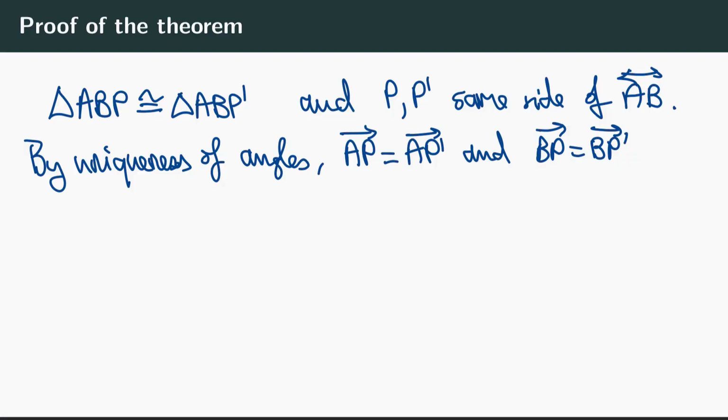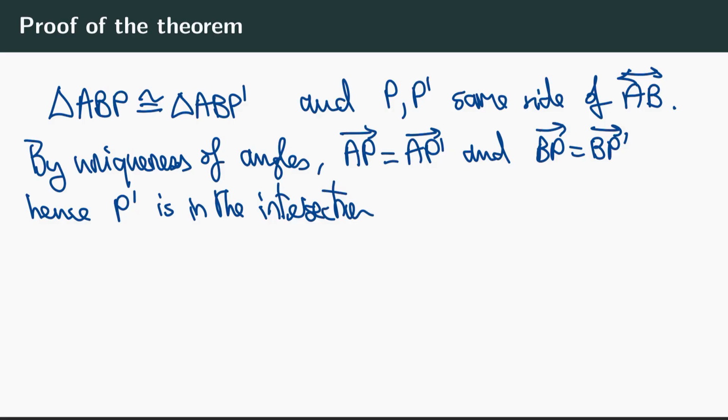And hence, P prime is in the intersection, there might be in the intersection of the line AP and BP.